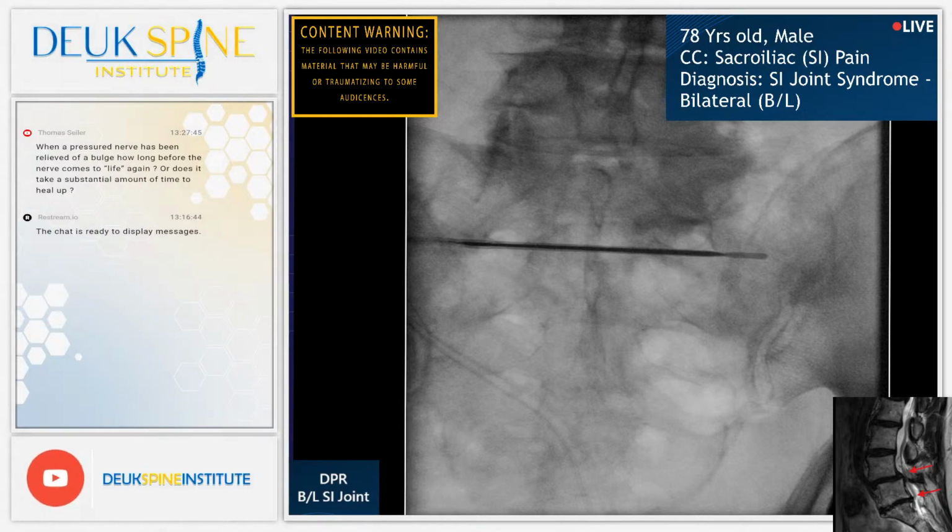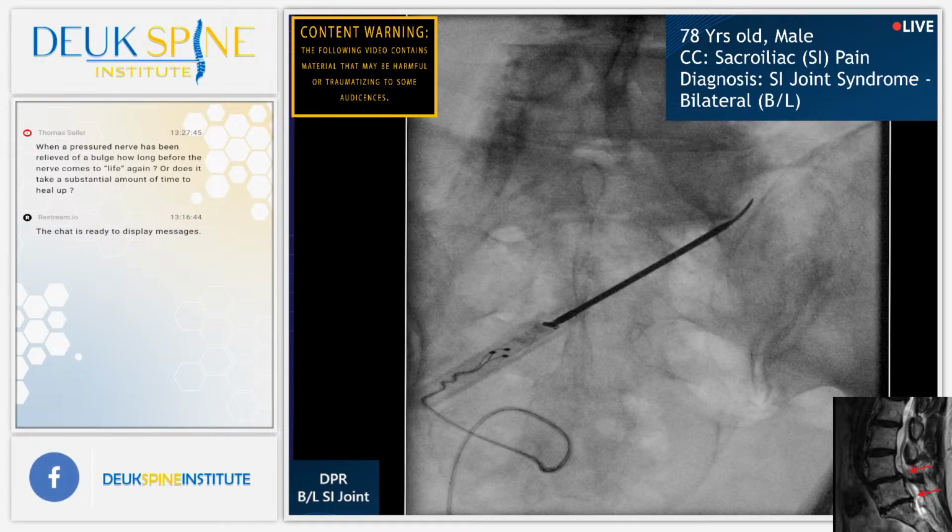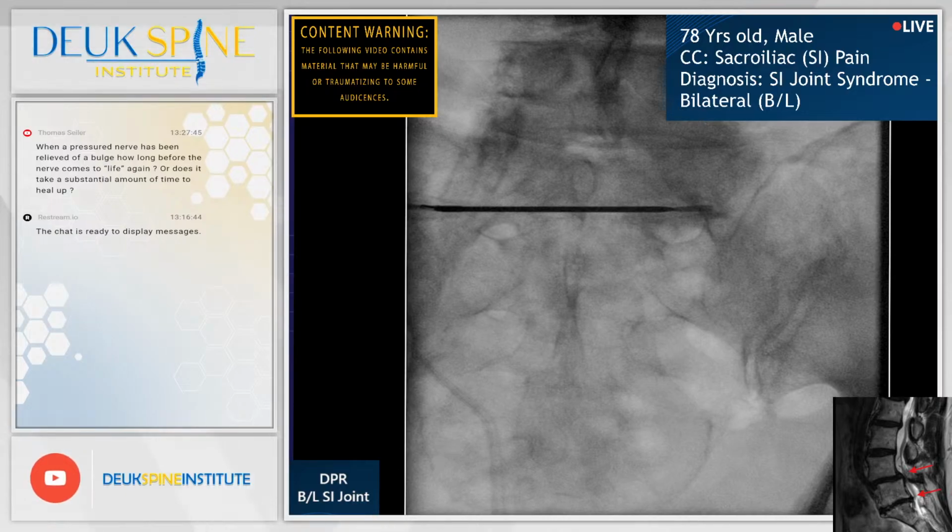That ligament, in certain people with bad arthritis of the joint, ends up getting calcified, which means it basically gets hard. Surgically, it makes it very difficult for me to get in there and get the joint treated.